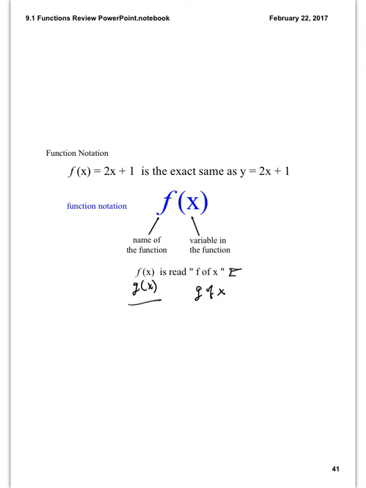So if it was g of x, we'd say g of x. Kids try to read this to me as f parenthesis x. Come on now, use the actual words here, f of x.